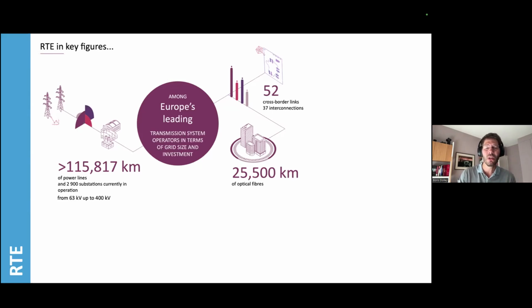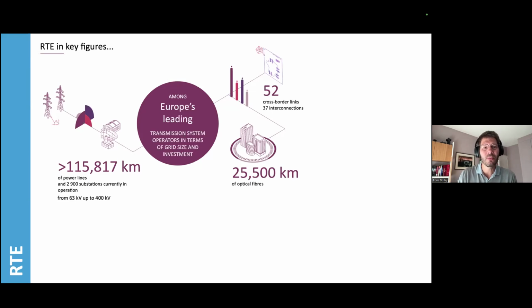Other TSOs are more connected at first, at least for the lower level. It's generally 120 kilovolts.